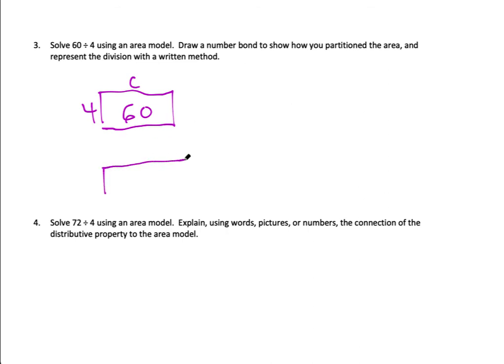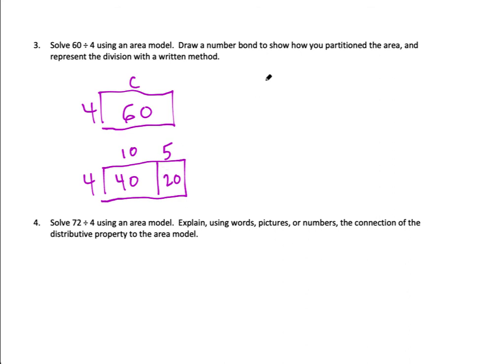Well, let's figure it out. I'm going to do 40. That's pretty easy. 40 and what's left over? 20. Is 20 a multiple of 4? Yes, it is. So I'm going to do 40 and 20. 4 times 10 is 40, or you could say 40 divided by 4 is 10. 4 times 5 is 20. So that works out very nicely.